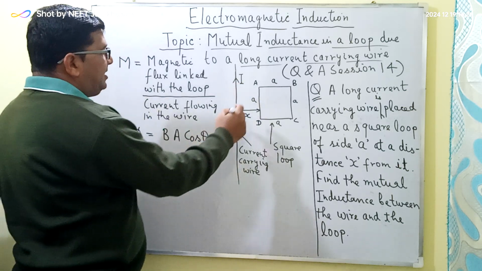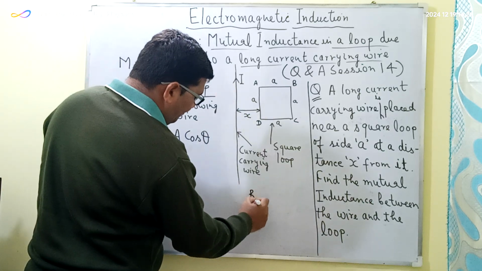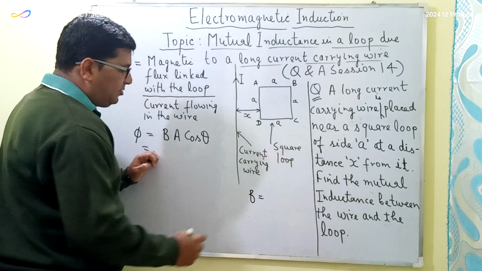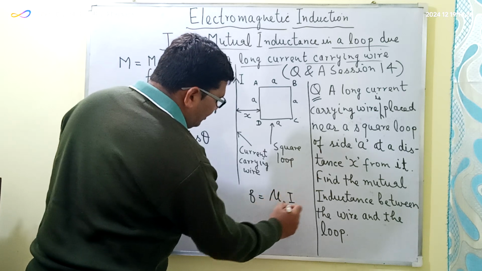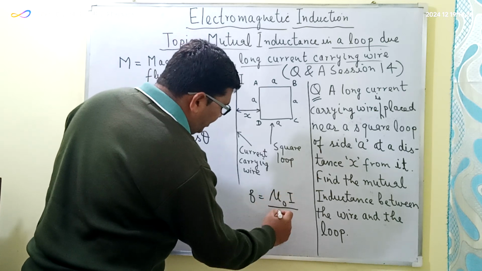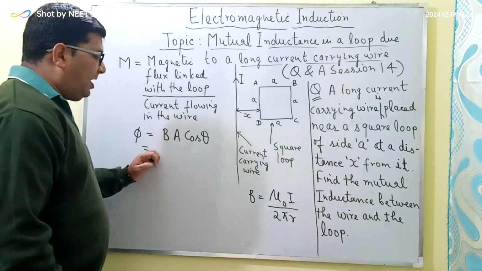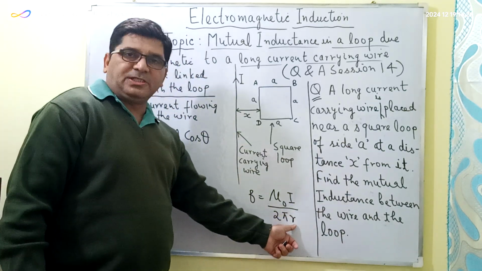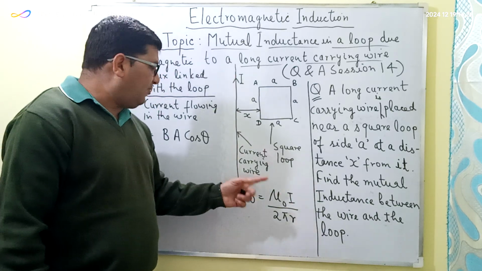Now we know that the intensity of the magnetic field due to a long current carrying wire is equal to mu naught I upon 2 pi r, where r is the distance of that point from the current carrying wire.